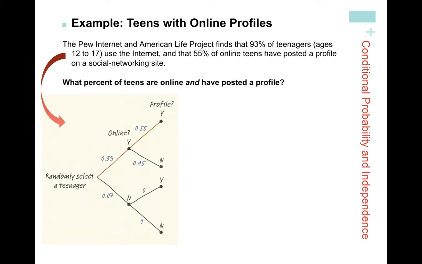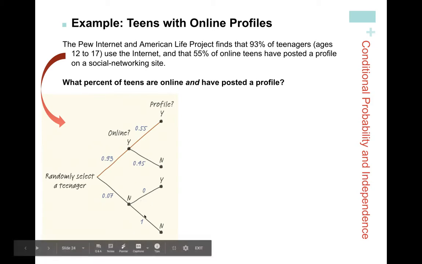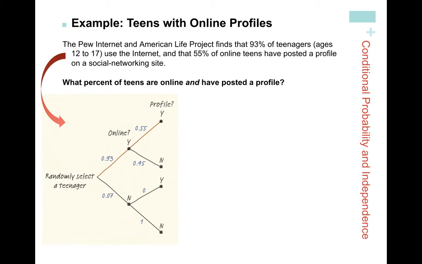Now where did we get these probabilities down here? Think about it: we asked this teenager the same thing, and this teenager has already answered no, I'm not online. If you're not online, could you possibly have posted a profile online? Absolutely not. So the probability is 0. There's 0 probability that this particular student posted a profile online if they do not use the internet.